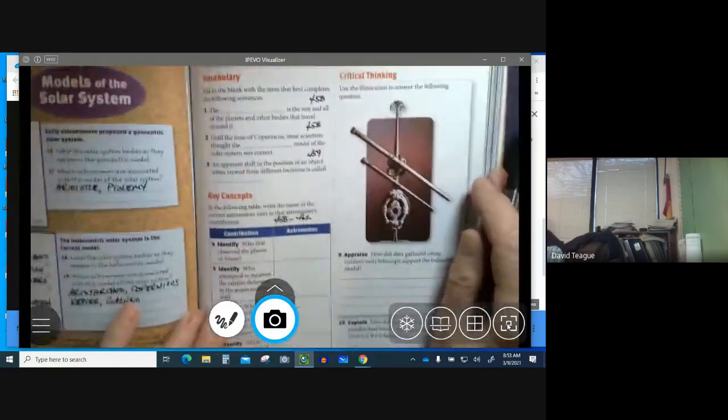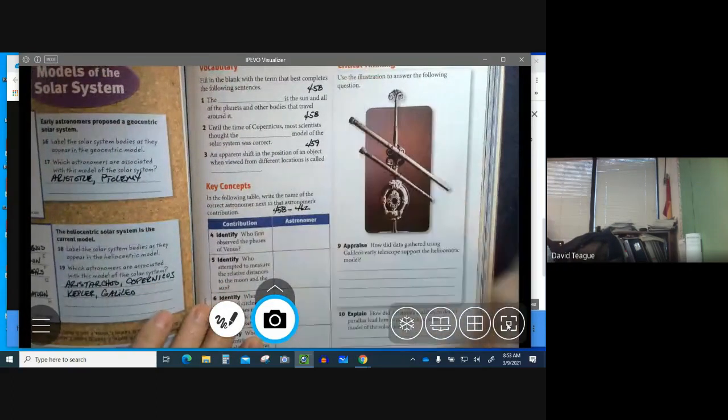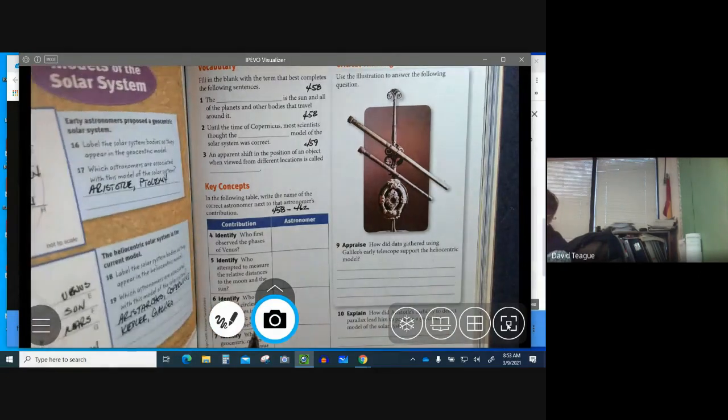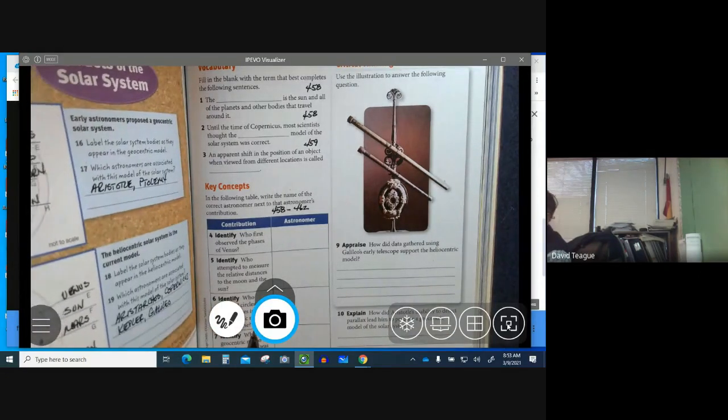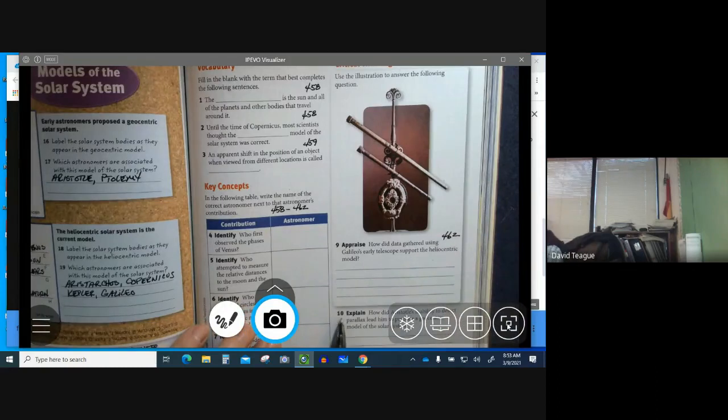Okay, so those pages will help you identify which astronomer. Over to the next side of the page, critical thinking. Use the illustration to answer the following question. Number 9, appraise. How did the data gathered using Galileo's early telescope support the heliocentric model? So that is page 462. Number 10, explain how did Aristotle's inability to detect the parallax lead him to propose a geocentric model?